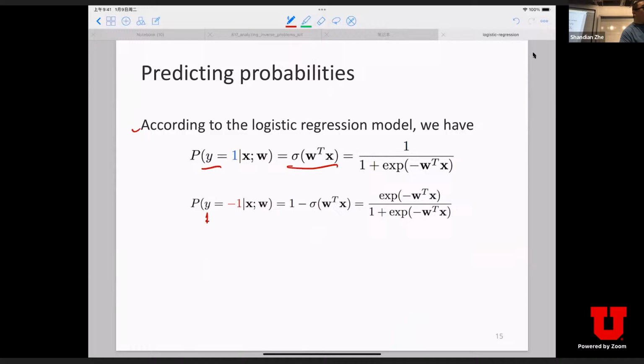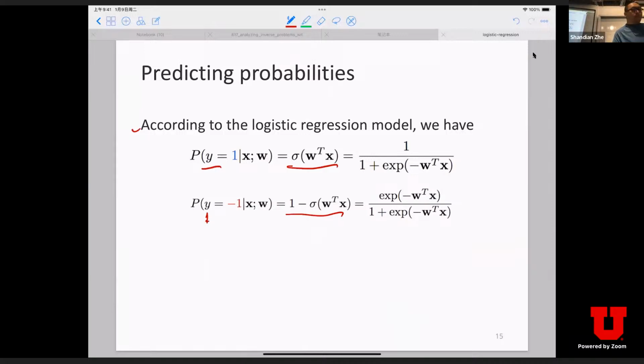However, when you observe y equals minus 1, because we model the probability that y is 1 as sigmoid of W transpose X, then the likelihood of y being minus 1 will be 1 minus this probability.